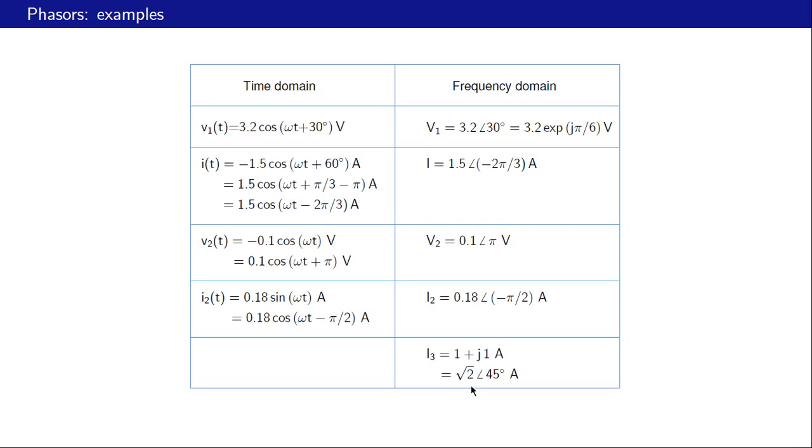So we have square root 2 angle 45 degrees, and this we can write in the time domain directly like that. So I3 of t is square root 2 cos(omega t plus 45 degrees). And remember always that this omega t is implicit, so we don't write that in the phasor, but we understand that it is always there.